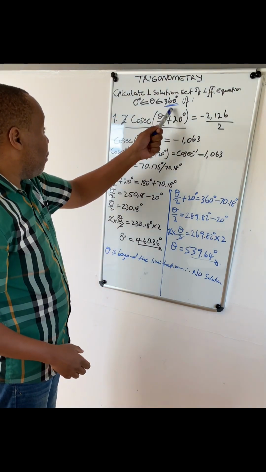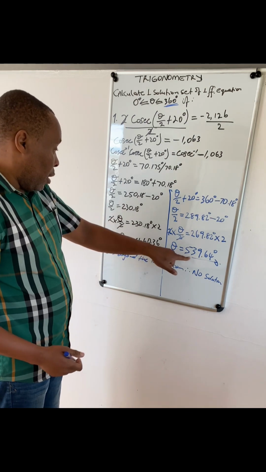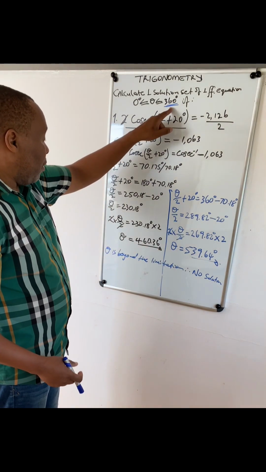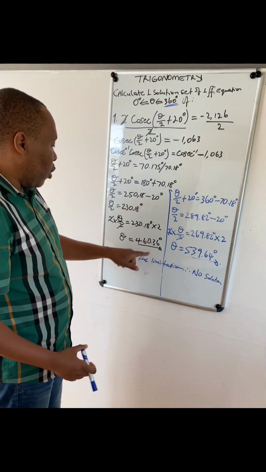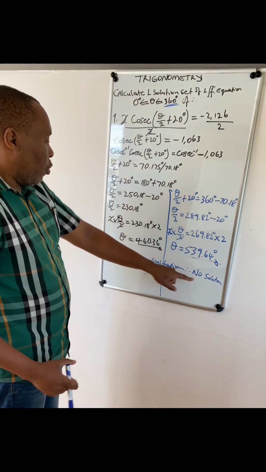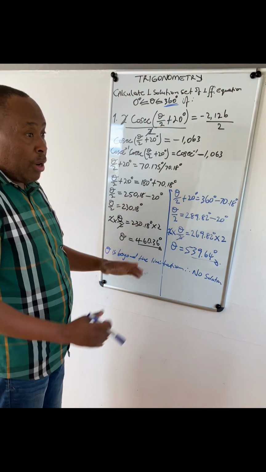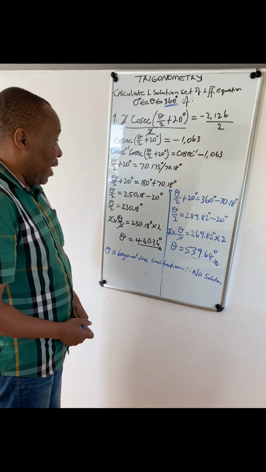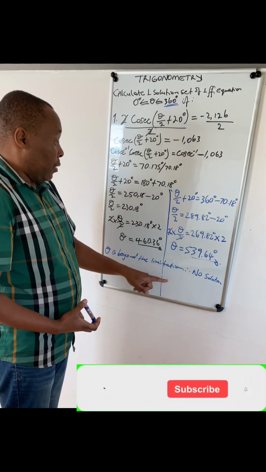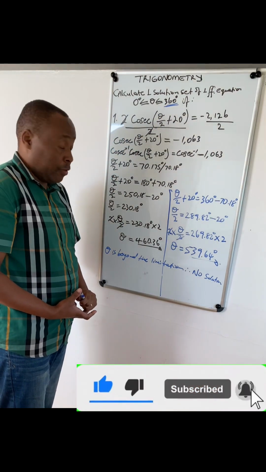We've given the limitation. We do have theta coming out in the third and fourth quadrant, but it's beyond our limitation. Therefore, we cannot say we've got the solution here, because the question says calculate the solution. So it's no solution because our solution is way above our range. So this is the answer for this sum. Thank you guys for having me.